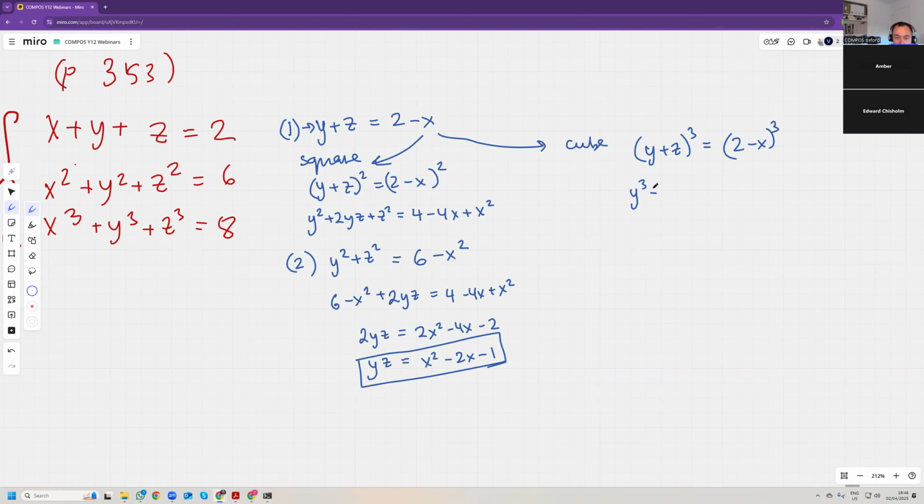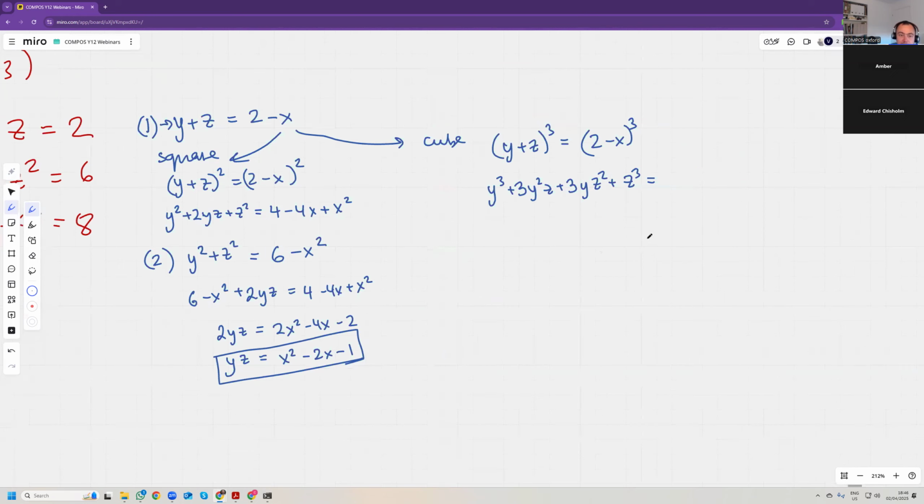That becomes y cubed plus 3y squared z plus 3yz squared plus z cubed, and (2 minus x) cubed, that is 8 minus 12x plus 3 times 2, that's 6x squared minus x cubed.